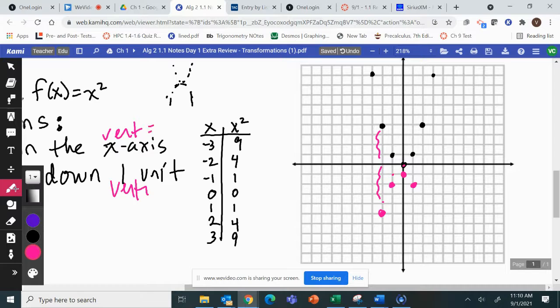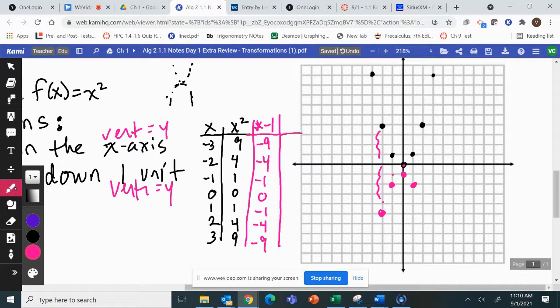And vertical is Y. So on the Y side, you're first going to change them all to be negative. You're first going to flip them all. And I do that by multiplying by -1. And then after I multiply all those numbers by -1, I take those numbers and I subtract 1.